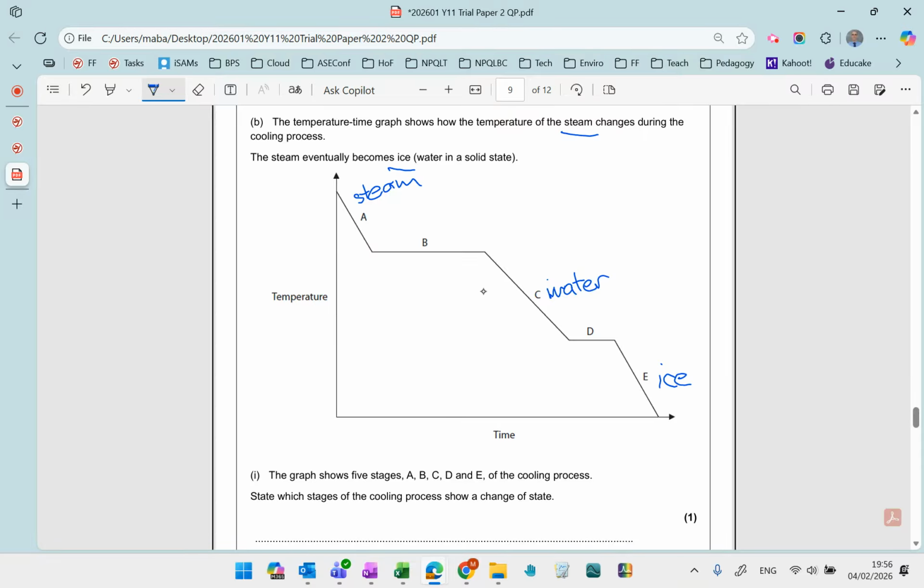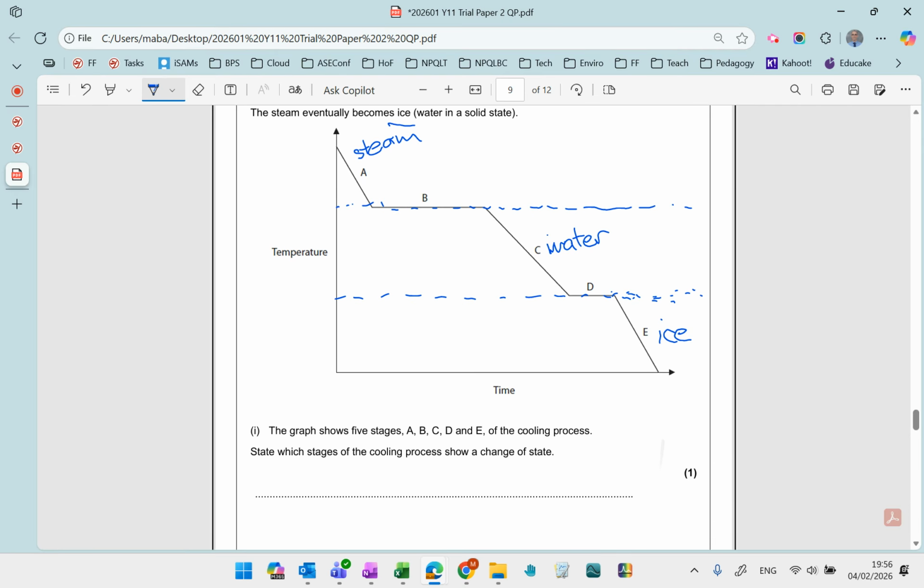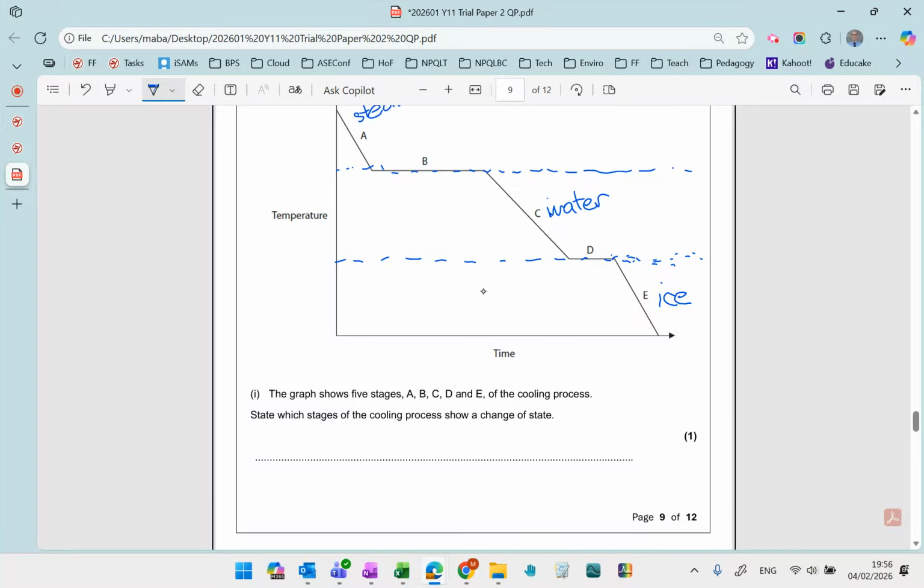So the phase changes are shown by these boundaries here. So D is the freezing point of water, and B is the boiling point or the condensation point of steam. Okay, so the changes of state occur at B and at D.